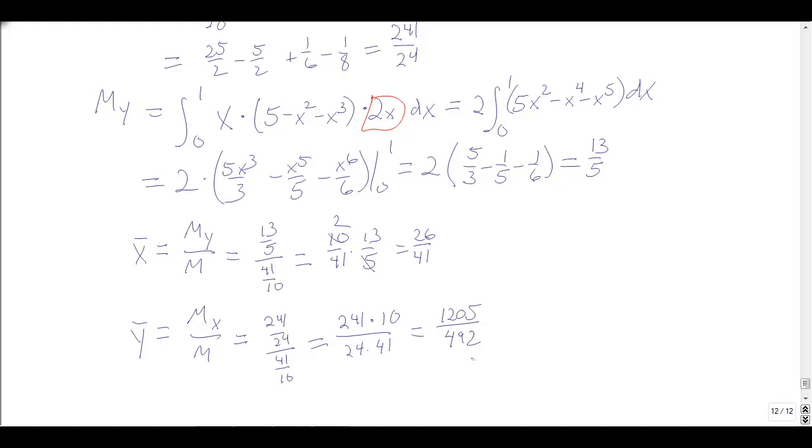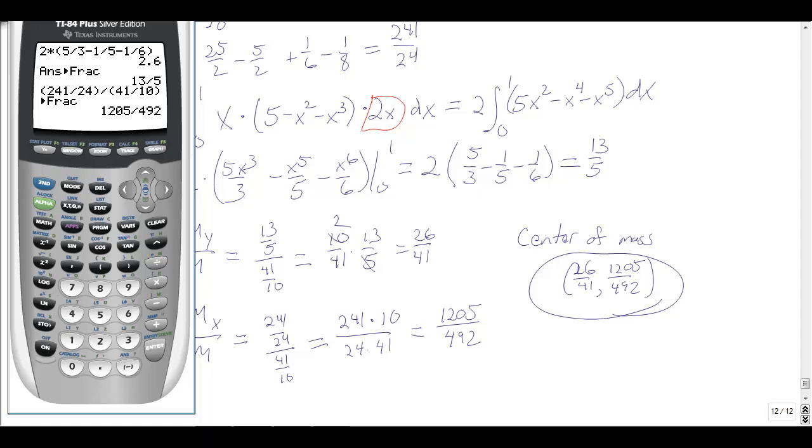So really our center of mass here is 26 over 41 and then it's 1205 over 492. So that's really our answer. Now let's compare this to the previous answer. Again, we said center of mass should move to the right. So let's do 26 divided by 41.